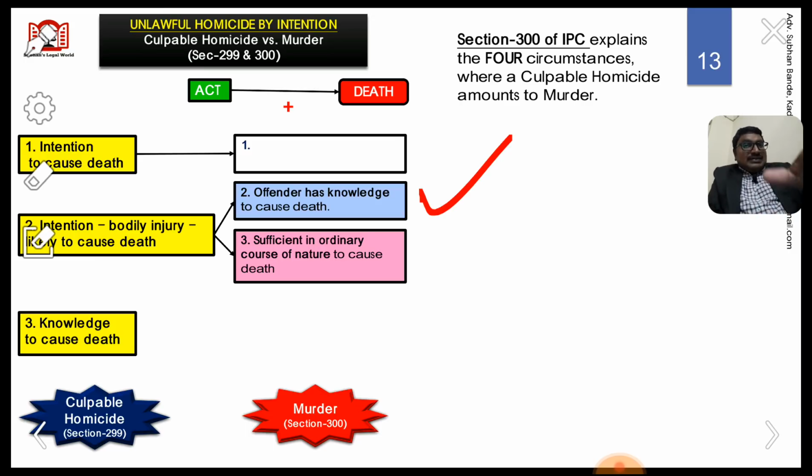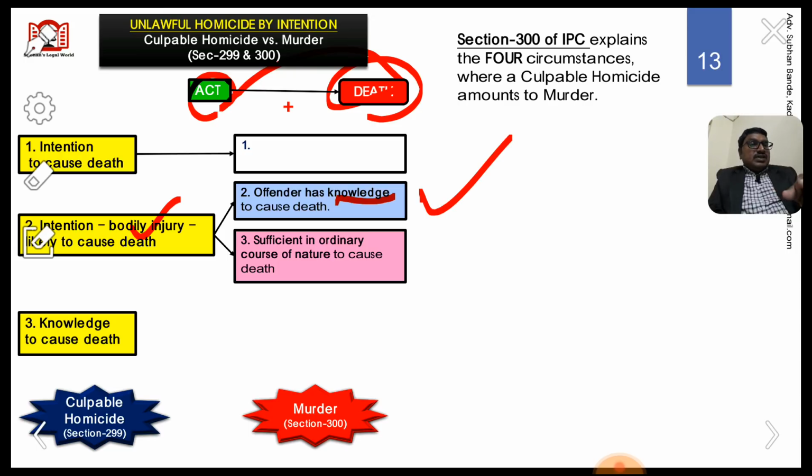At the time of doing an act that results in death, the accused has intention to cause bodily injury that is likely to cause death, and the accused has knowledge to cause the death.